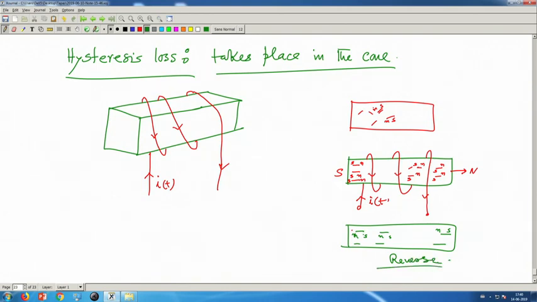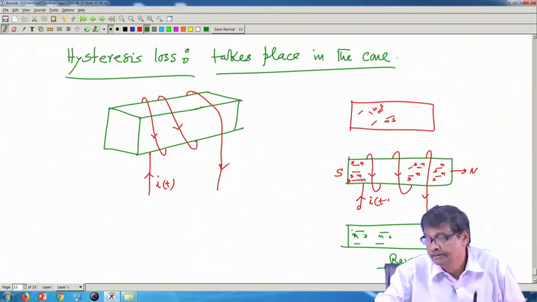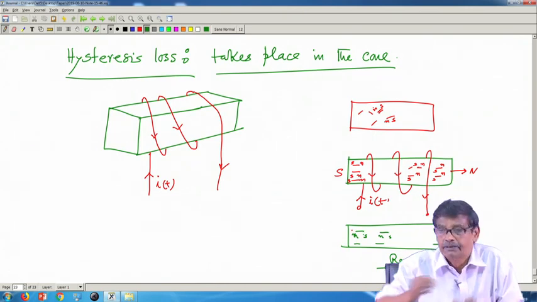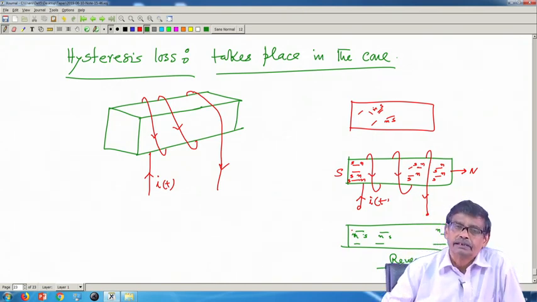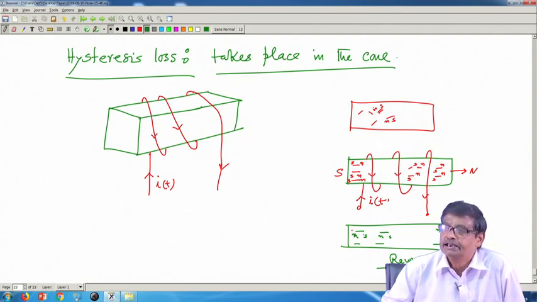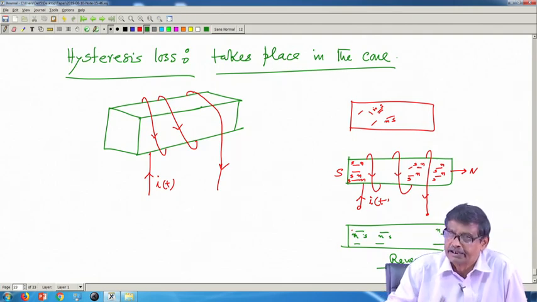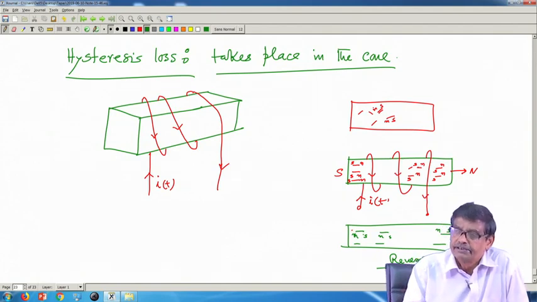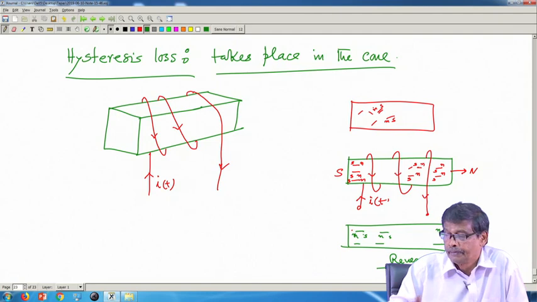Therefore, if it is a 50 hertz frequency current changing, then you are asking each molecule to move this way, then that way, always they will be moving. Therefore, they will encounter friction in the process and there will be a heating effect, not because of eddy current, that is a separate thing, but simply because you are reversing the current this way and that way.